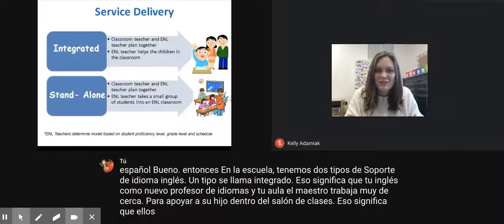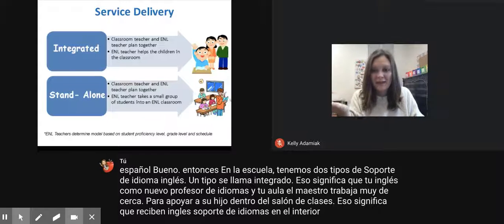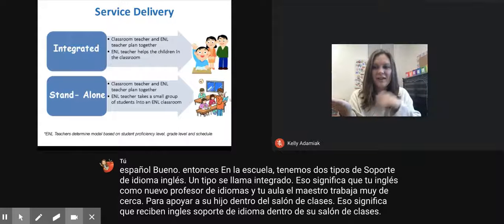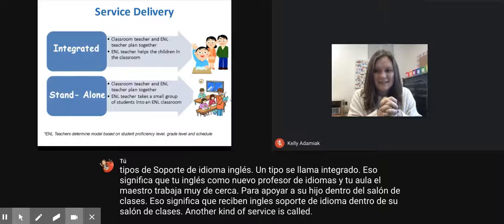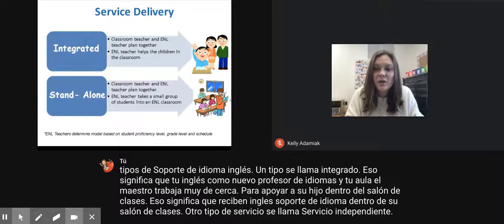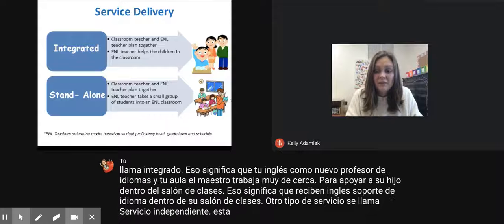Another kind of service is called standalone service. This means that your English as a New Language teacher and your classroom teacher work very closely together to support your child, and your child will leave the classroom to receive some English language support in a smaller group.